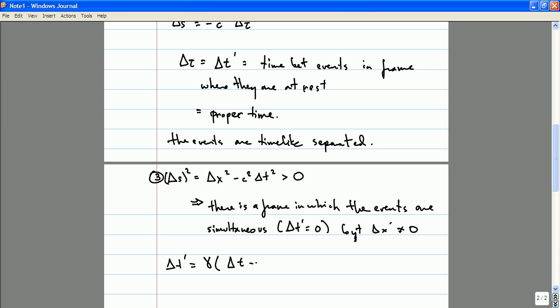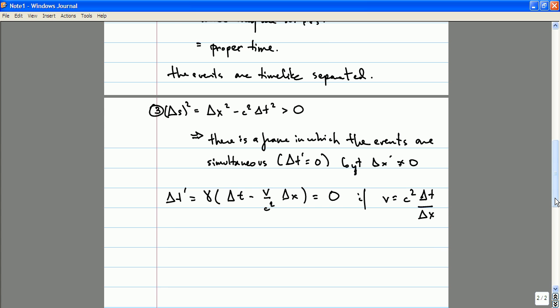So it's delta t minus v over c squared delta x is equal to 0 if the velocity with respect to which the primed frame is moving with respect to the unprimed frame is given by the solution of this equation, so that v is c squared delta t over delta x. Okay?